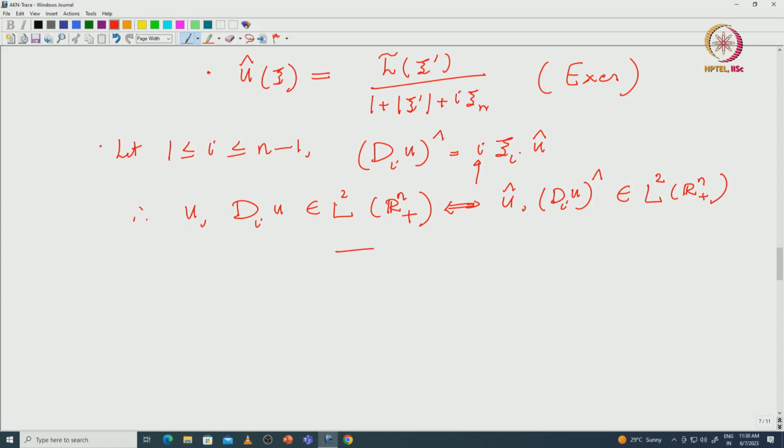And this is equivalent to the following, which you write down in terms of xi and u hat: 1 plus mod xi prime, you see xi n will not come there, modulus of u hat of xi squared is finite. That is what you want to prove.